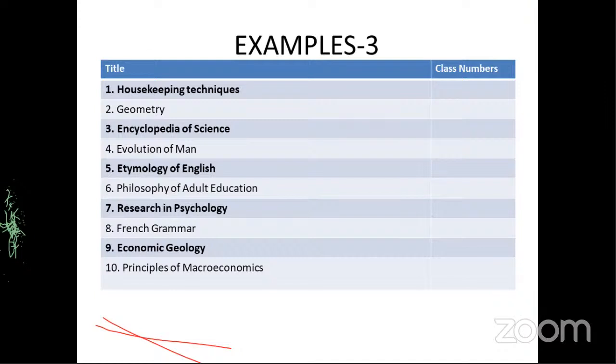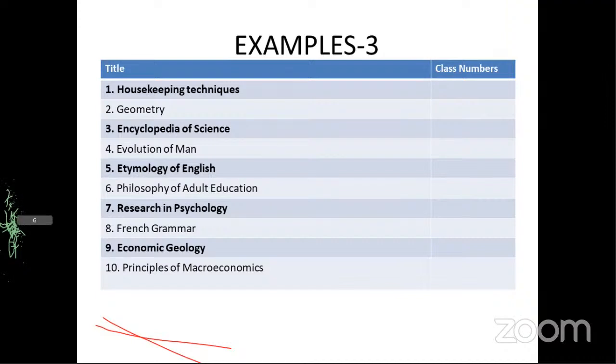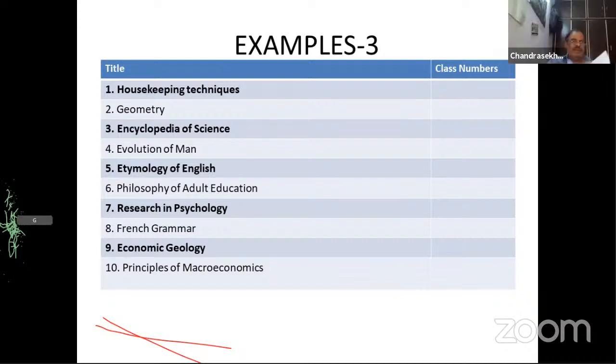Okay, then research in psychology. Psychology, what is the number? 150. Research number? 072, from table 1, standard subdivision. Again, check the schedule.